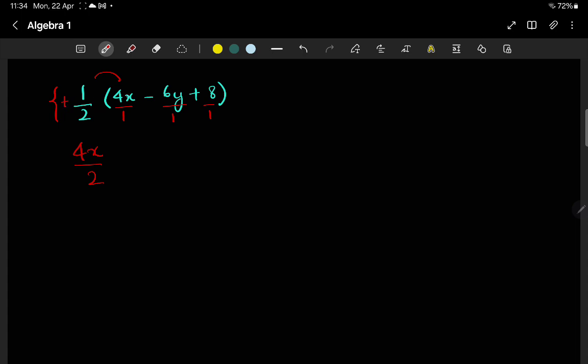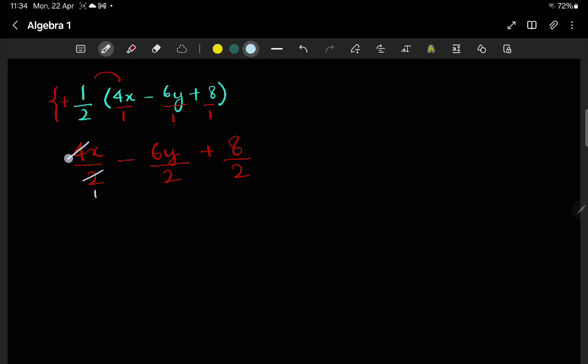Here we have plus sign, so plus minus. 1 times 6 is 6y, and 2 times 1, I am multiplying 2 with 1 in the denominator. 2 times 1 is 2, and then 2 times plus 1 times 8 is 8, and then 2 times 1 is 2. So we will cancel it.